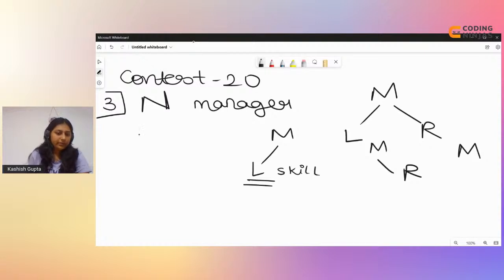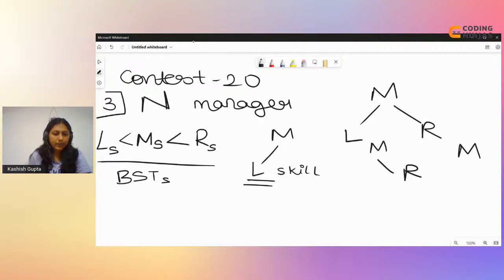Now it was specified that the sub manager on the left side will always have skill strictly less than the manager's skill, and the one on the right side will always have skill greater. So this is the BST's property. Basically the structure provided to us is a BST.